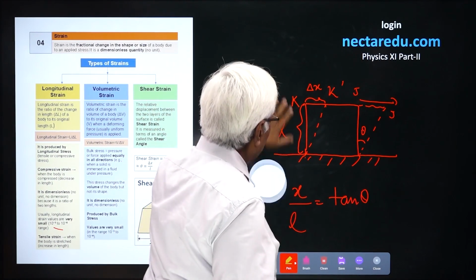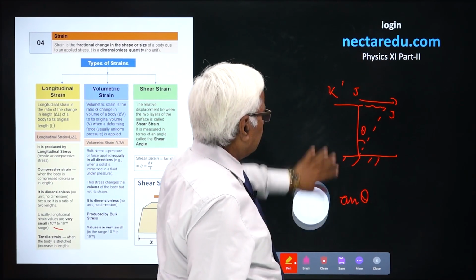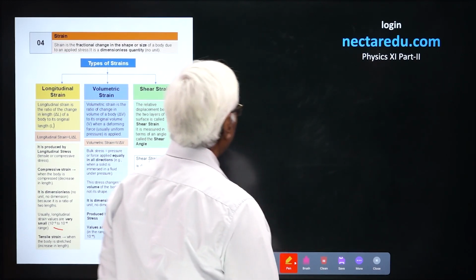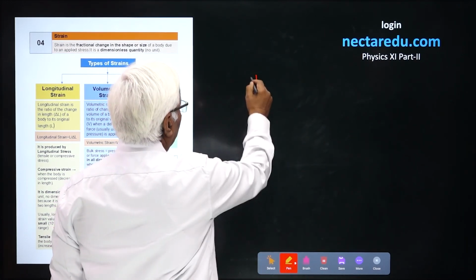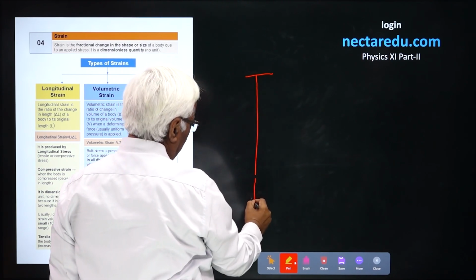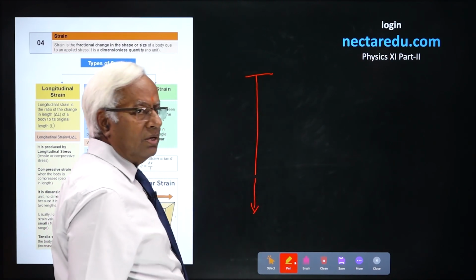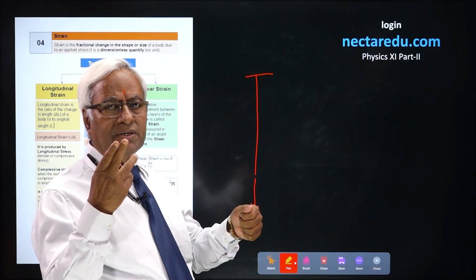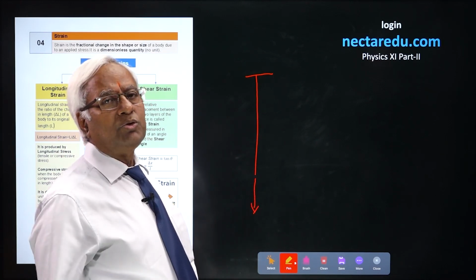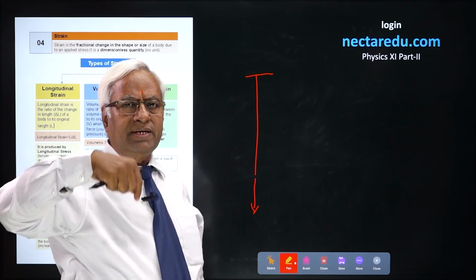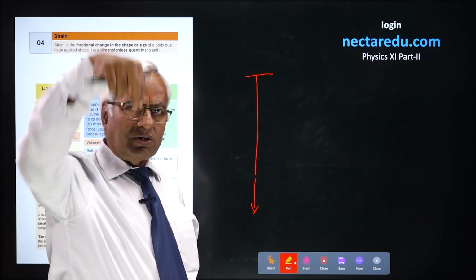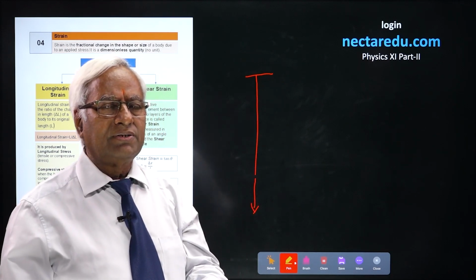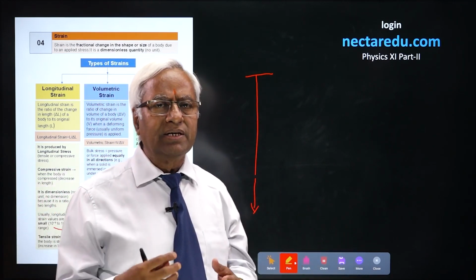Now, when you are studying three types of strain, you have to focus more on longitudinal strain. Why? Because whenever a wire is subjected to a longitudinal force, the length will change, no doubt, but at the same time the radius will decrease. So you could say strain is taking place side by side, vertically and horizontally as well. That means in perpendicular directions, strains are taking place together.